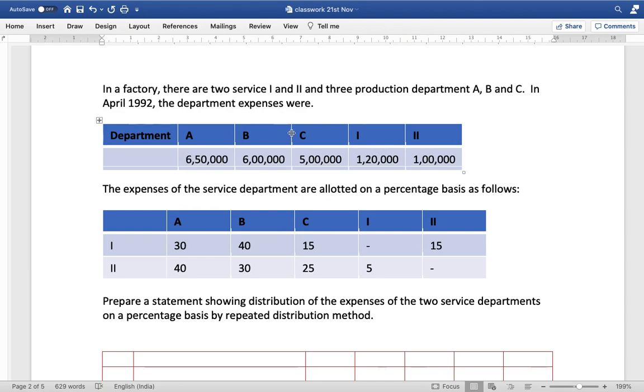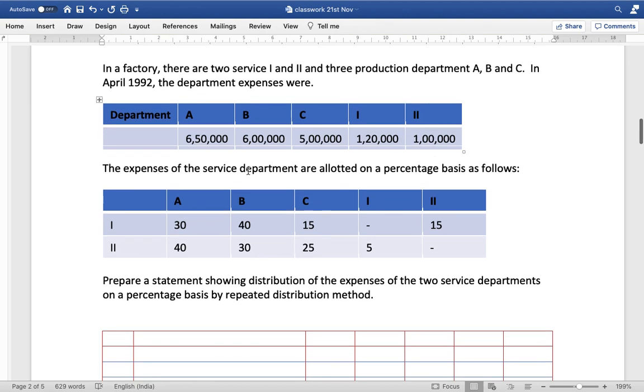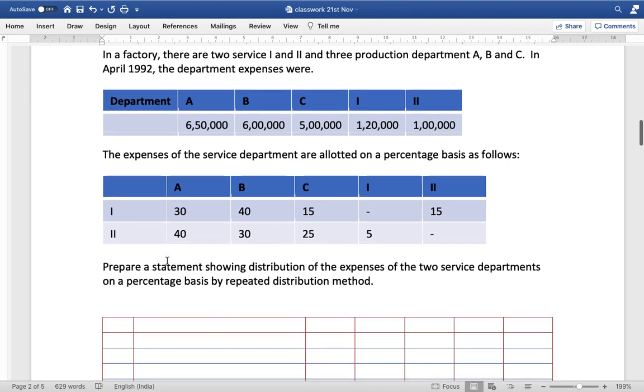So these 3 are production department and these 2 are service department. So these are the overheads as per the primary distribution. So here you have to take this primary overheads and allocate to the production department, also to the service departments, the same way as we did in the previous problem. This is also a repeated distribution method.